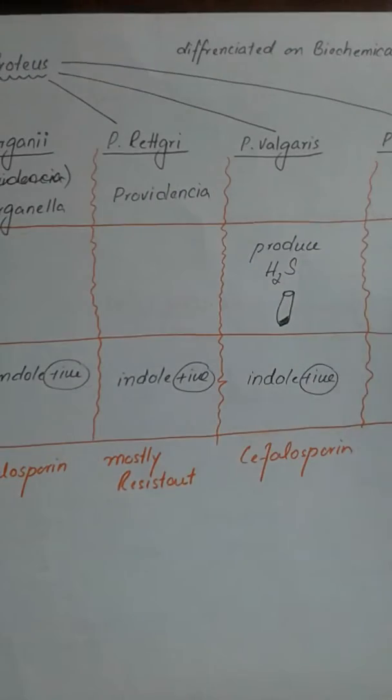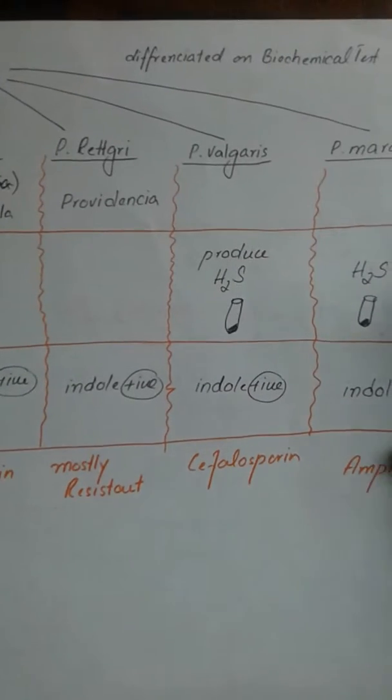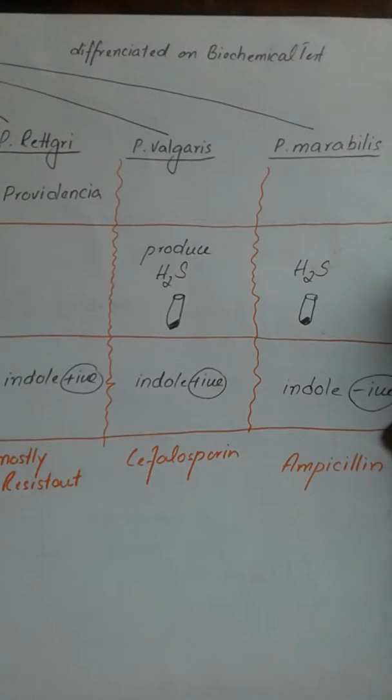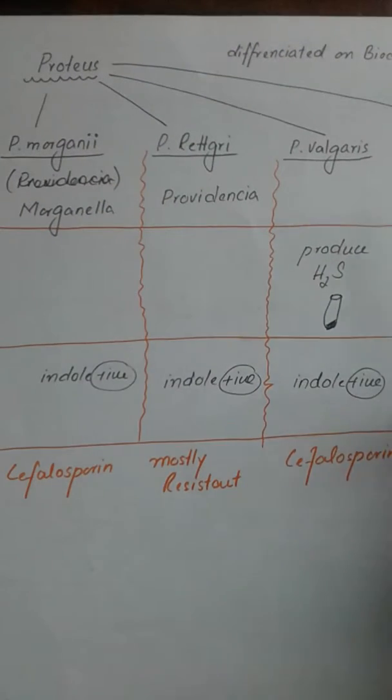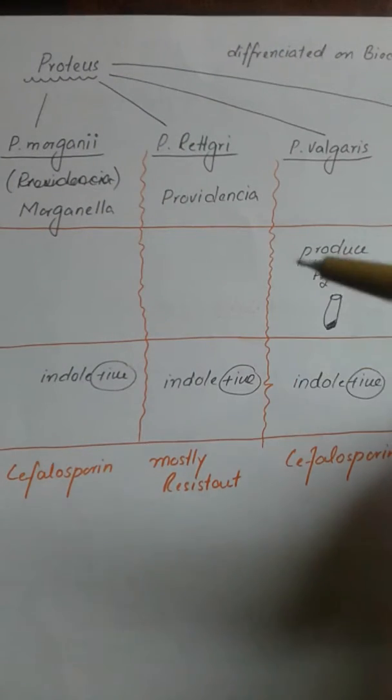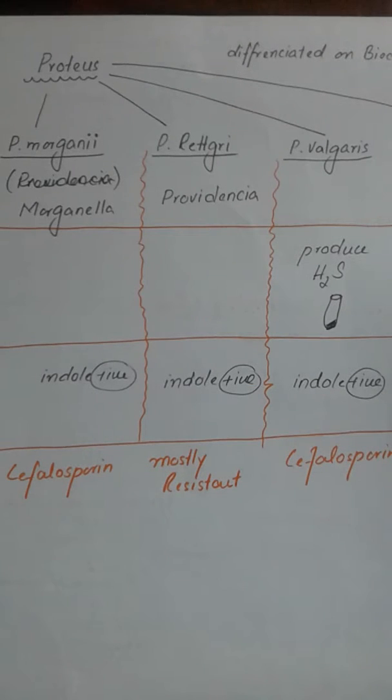Apart from that, a few other species of Proteus are P. vulgaris and P. mirabilis. Now, in order to differentiate what type of organism is actually causing that UTI, we do a TSI test.